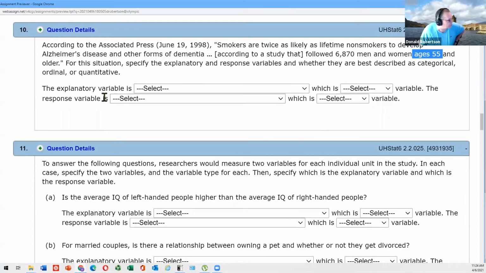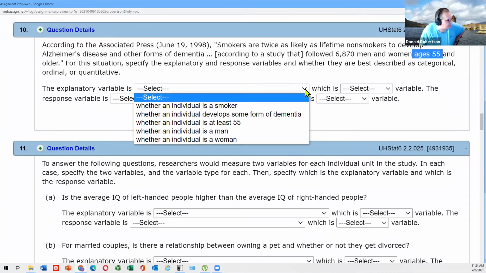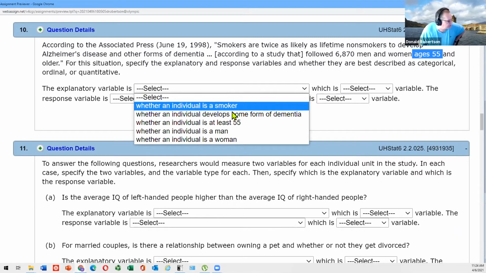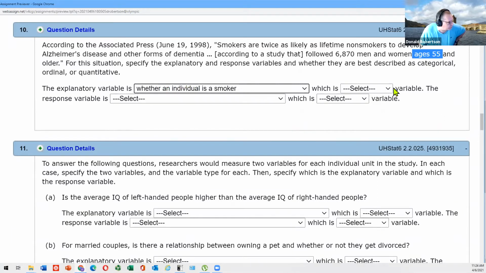And what we've got, the explanatory variable is whether they were a smoker, which is categorical. And I don't think it's ordinal, because smoker or not smoker, who's to say what's first and what's second?